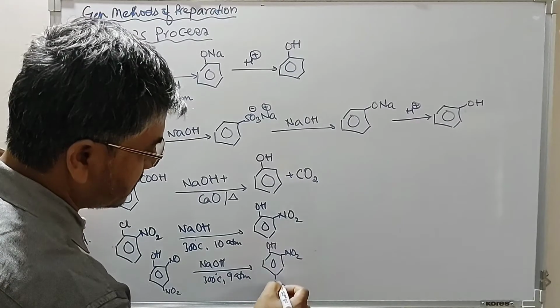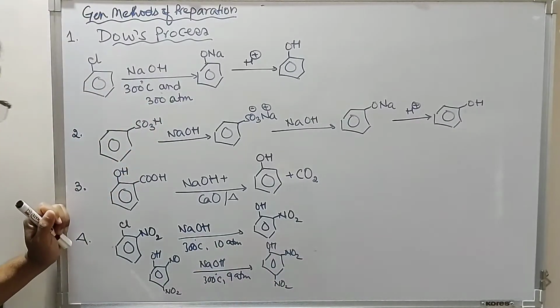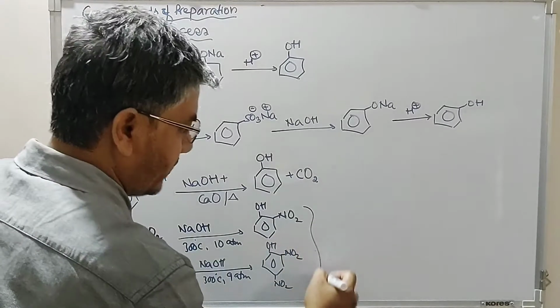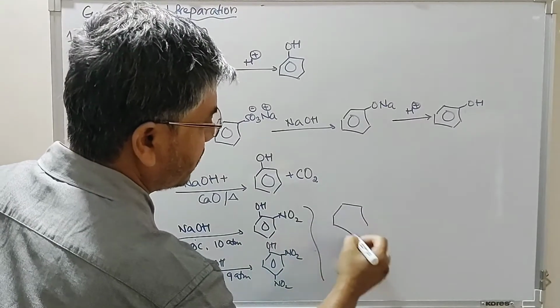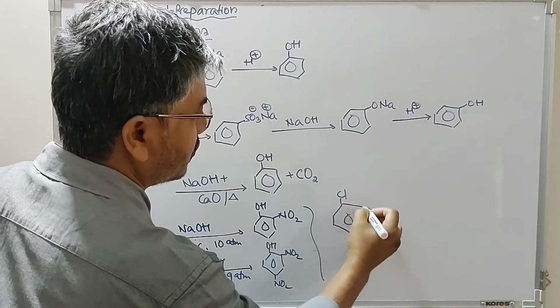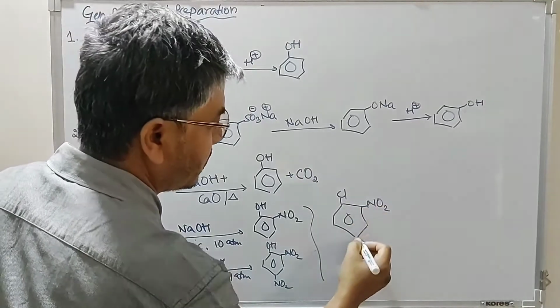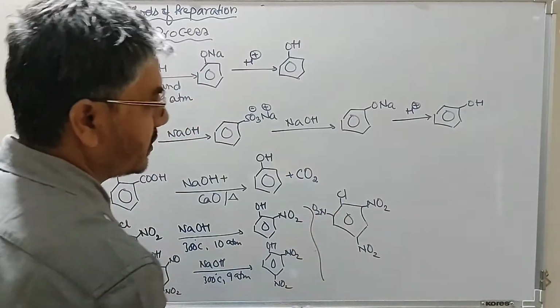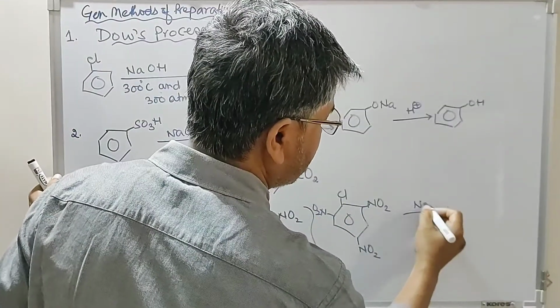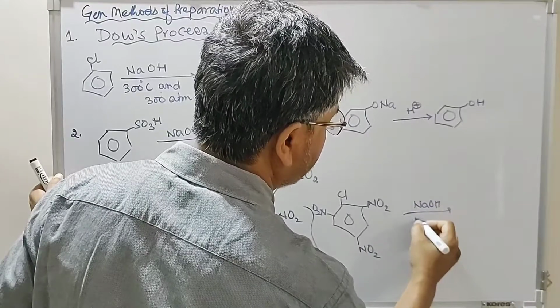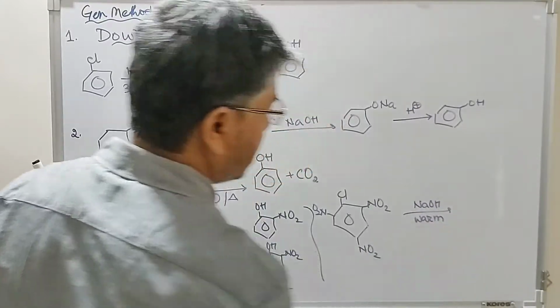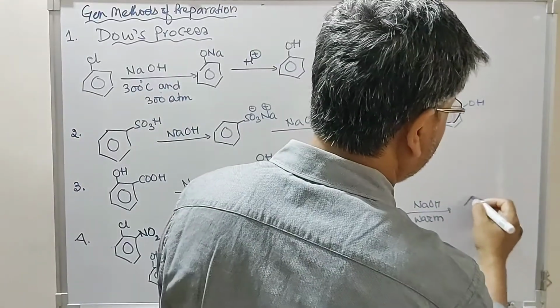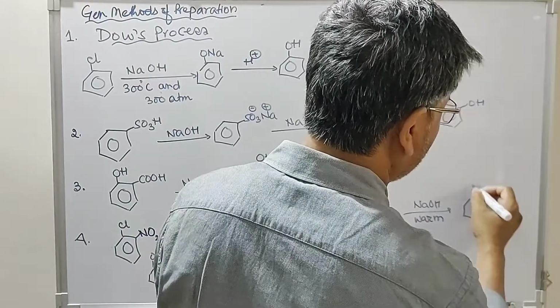If you look at this, the condition is becoming mild. And if we have 3 NO2 groups at ortho and para position, then on warming with sodium hydroxide, just warming, this chlorine is easily replaced by OH group.